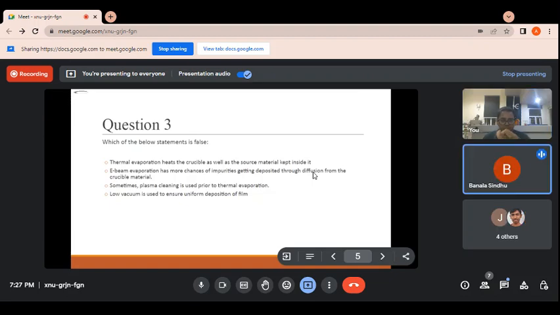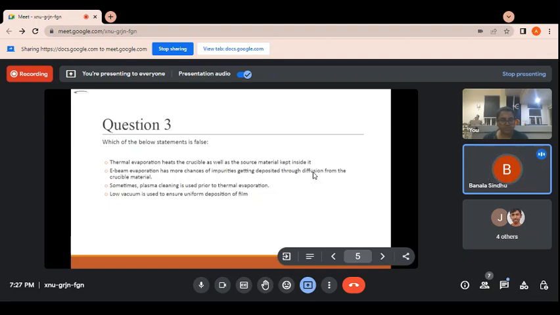Ma'am, second option false, ma'am. Can you explain why? E-beam evaporation is used to evaporate at high energy electrons, ma'am.